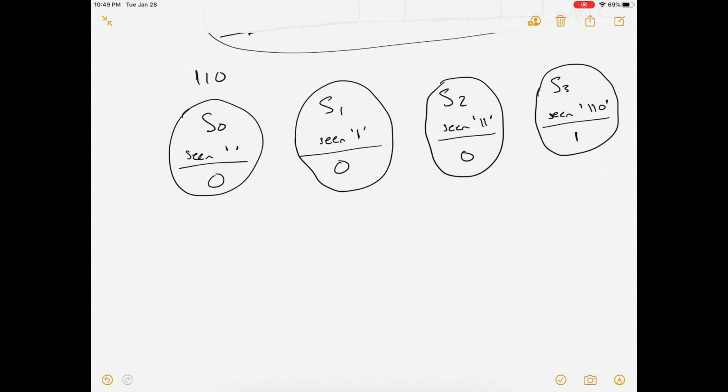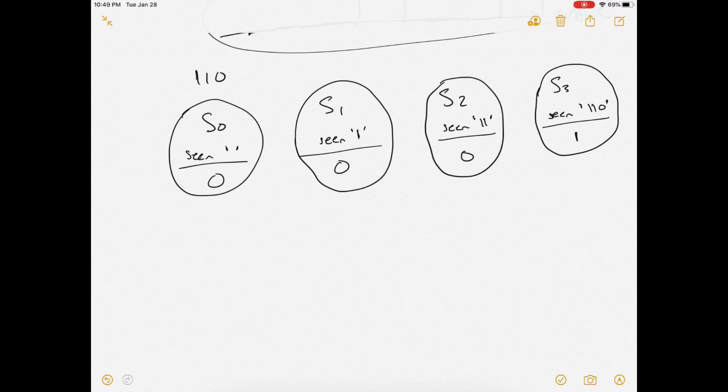So now we want to build this state diagram. By state diagram, we mean that at every state, depending on the input, where are we going to go next? So if we are in state S0, which means we haven't seen anything, we only have two options for the input. This is binary, so we only have 0 or 1. If we see a 0, we will not go to any of these because by seeing 0, we haven't seen 1, or 1, 1, or 1, 1, 0.